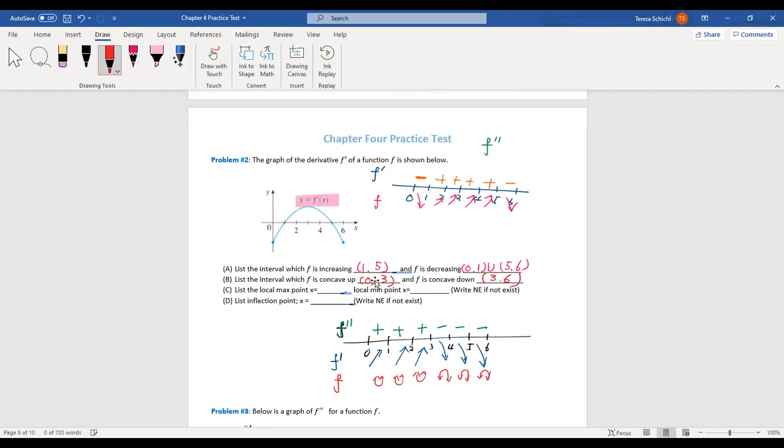That's right. Okay, so now I want to look for the local max. Local max depends on f prime.